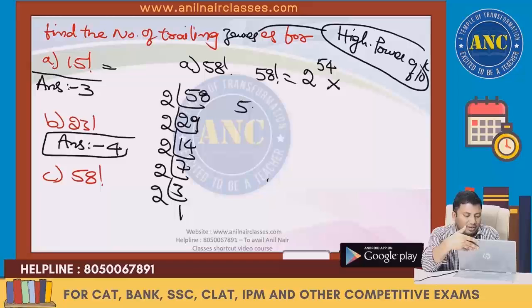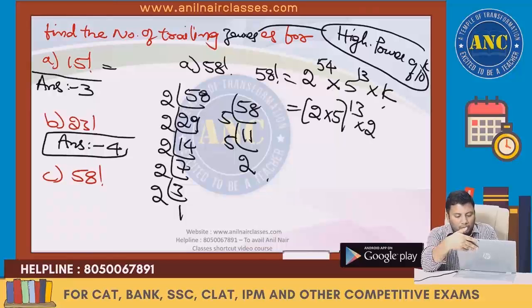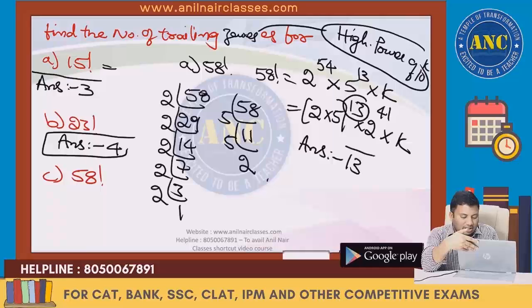Into 5: 5 11s are, 5 2s are, so 2 plus 11 plus 2, 13. 5 power 13 into k. So this is 2 into 5 power 13 into 2 power 41 into k. Number of zeros at the end for the third question is 13.